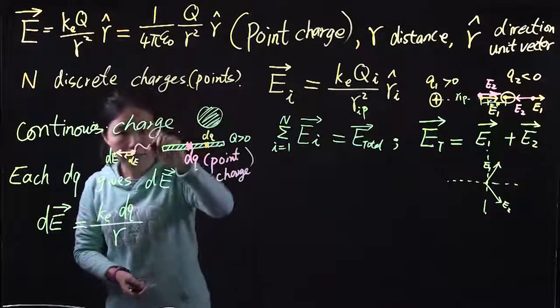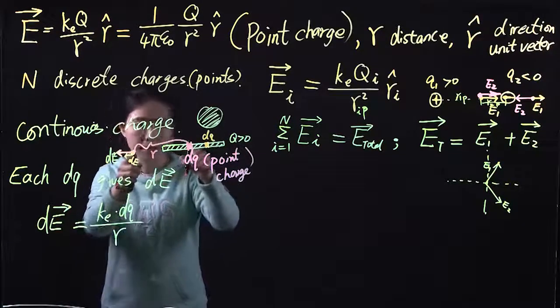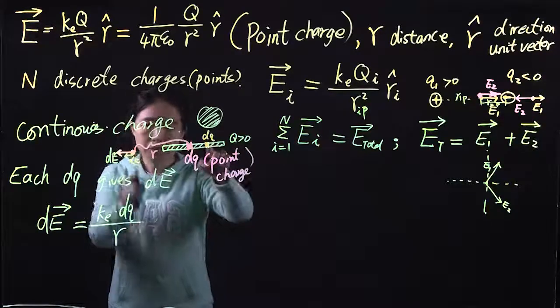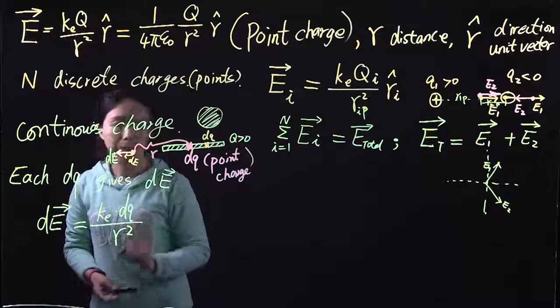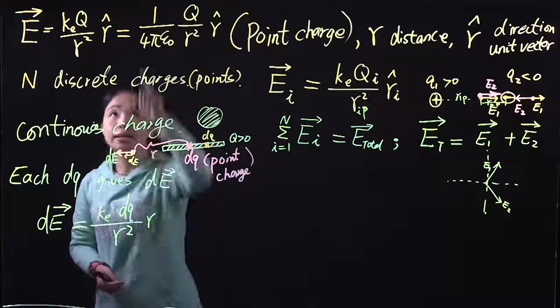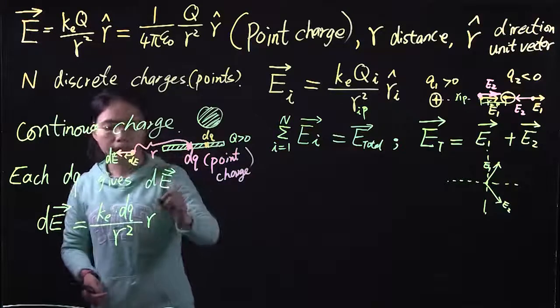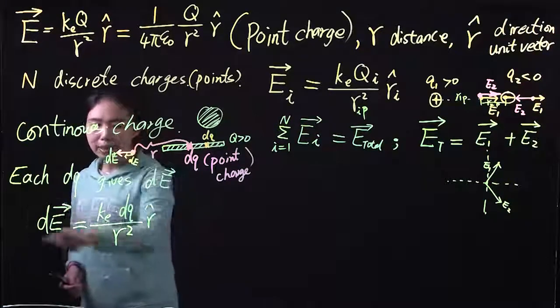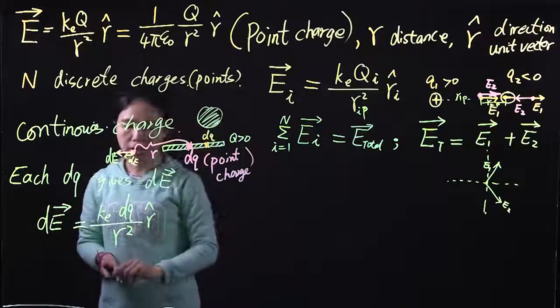That's the particular distance you apply for this object, and for this object, you have a longer distance. That distance squared, and then r-hat is a unit vector going from the source to that point this way. This is true for each individual dq.